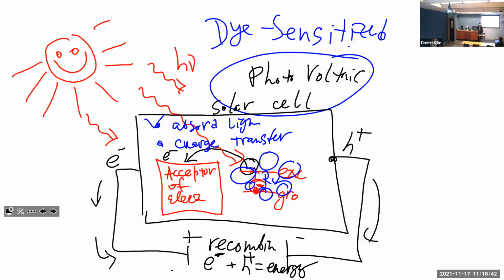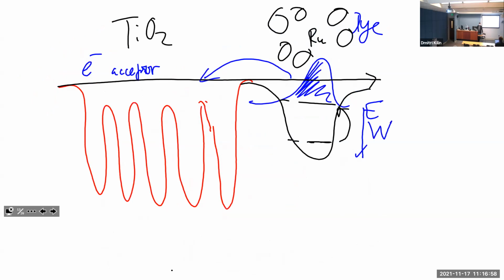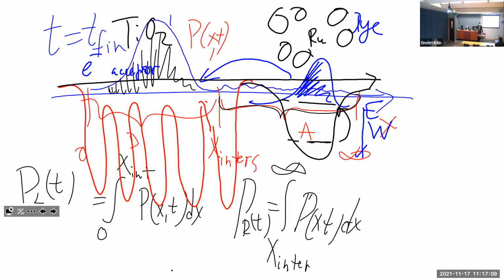If there is an interface between an organic dye and a solid semiconductor, upon photoexcitation, electron transfers, and then it closes the circuit and gives electric current. So the potential for this setup should look approximately this way: a lattice and a little well for a molecule.